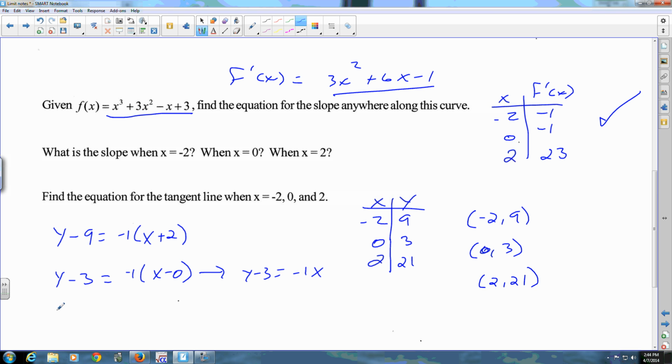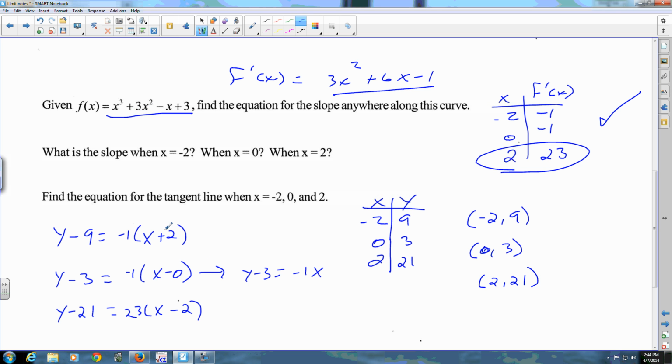The last one, y minus 21. Oops. Yeah, no, that's right. Whew. Okay, sorry, scared myself with it. 23, because that's the slope when x is 2. Times x minus 2. There we go.